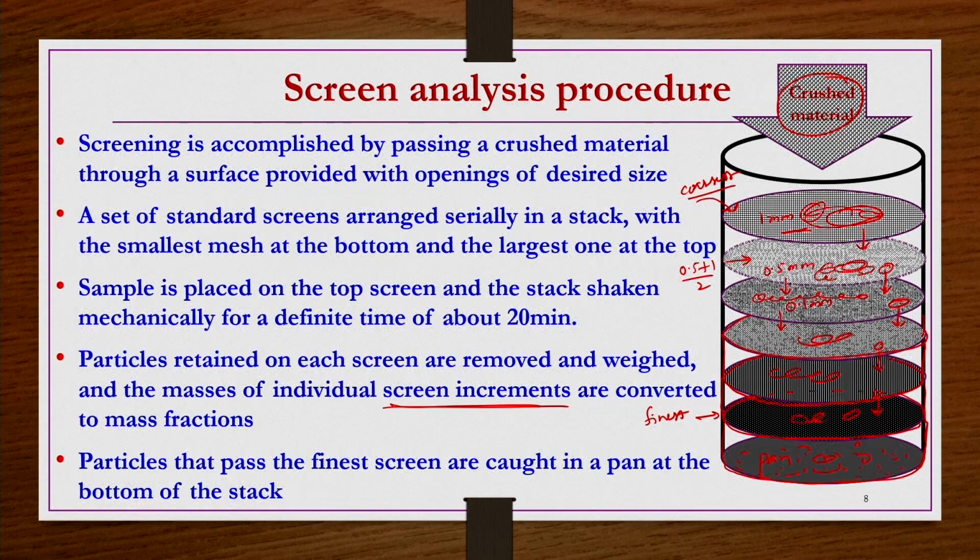Sometimes it is also possible that particles larger than 0.5 mm may pass through the screen, if your screens are worn, or the mesh is broken somewhere. Those things will decide the effectiveness of the screen.